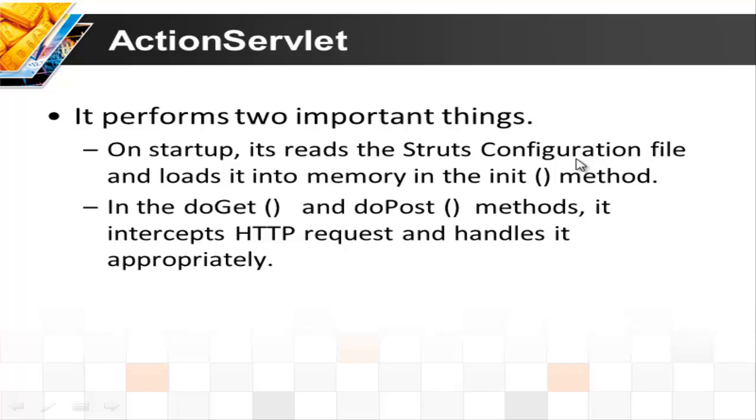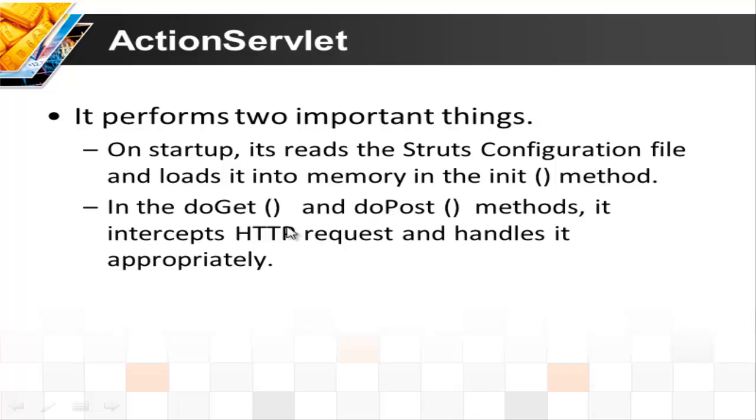When your application is deployed onto the server, the first thing the action servlet will do, in the init method, is read the information that is there in the struts configuration to find out how many actions are there and how many mappings have to be used. Then for every doGet and doPost, this is a specific thing with any servlet.